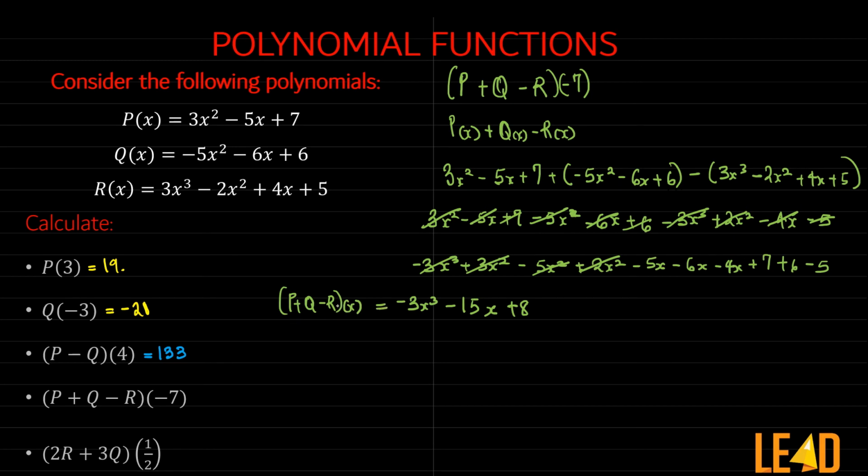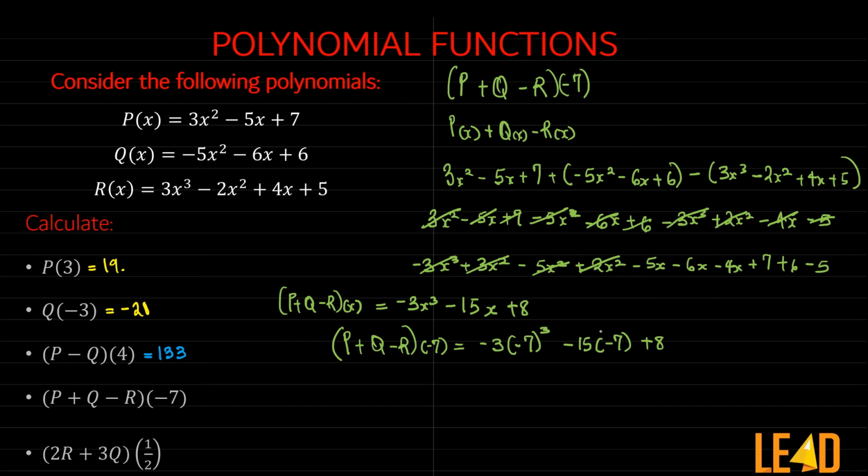So next I need to find out my p plus q minus r of 7. So that's p plus q minus r of minus 7. Okay, so let's put that in. We'll have negative 3 bracket minus 7 cube, and then negative 15 bracket minus 7 plus 8. 7 by 7 is 49. 49 by 7 should be 343.